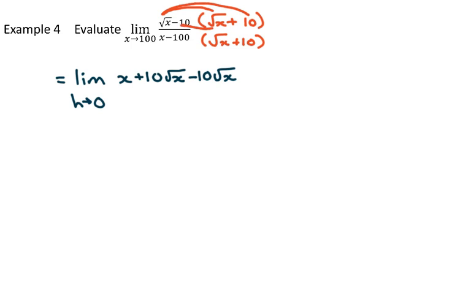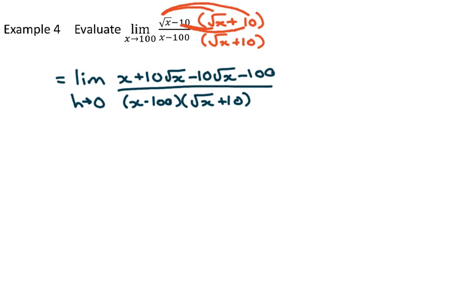And the last bits, we have negative 10 times 10, which is minus 100. That is over, and I said I'm not going to FOIL out the bottom for reasons which I will make clear in the next step. We are just going to write it as is.